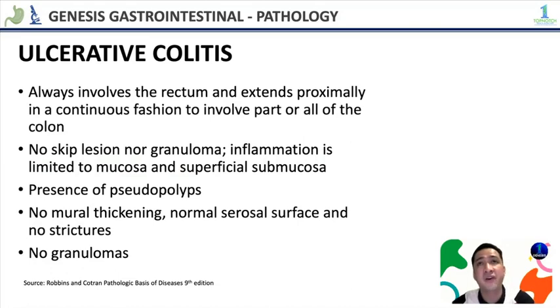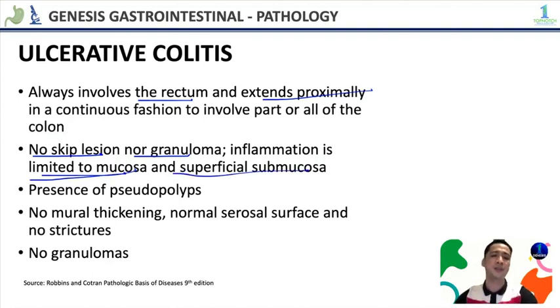However, they differ in the areas being involved. In ulcerative colitis, it is limited only to the rectum and extends proximally. Take note, there are no skip lesions nor granuloma. Inflammation is limited alone to the mucosa and superficial submucosa. Take note of that, one of the major differences.